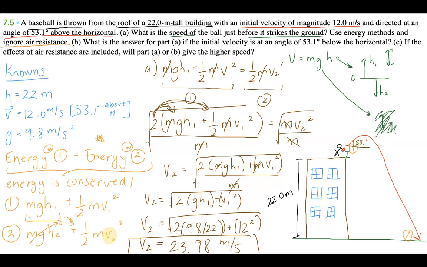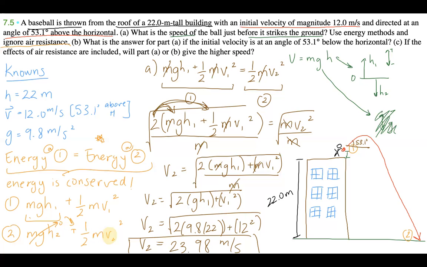Okay, so now part B. What is the answer for part A if the initial velocity is at an angle 53.1 below the horizontal? So let's look at how that would look. Okay, we'll just use dark blue.